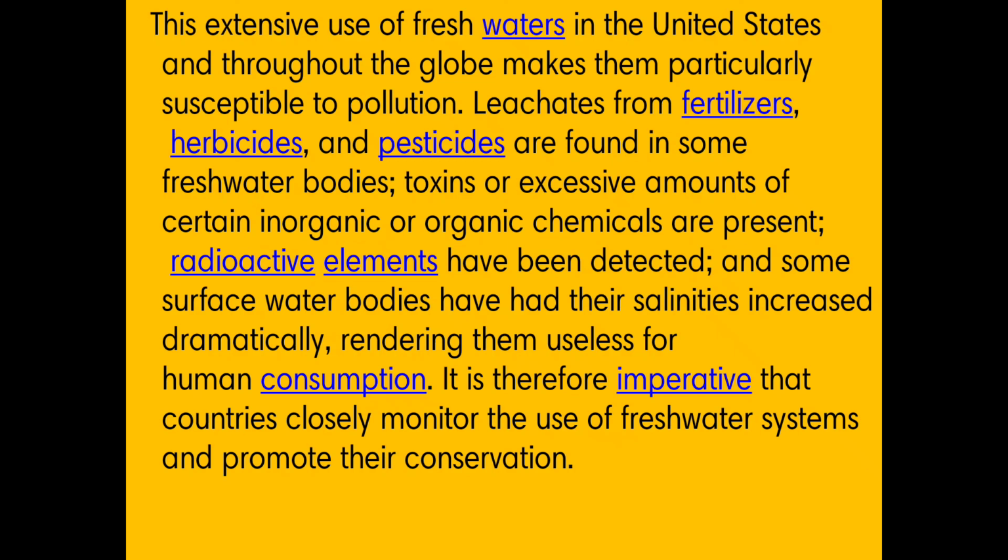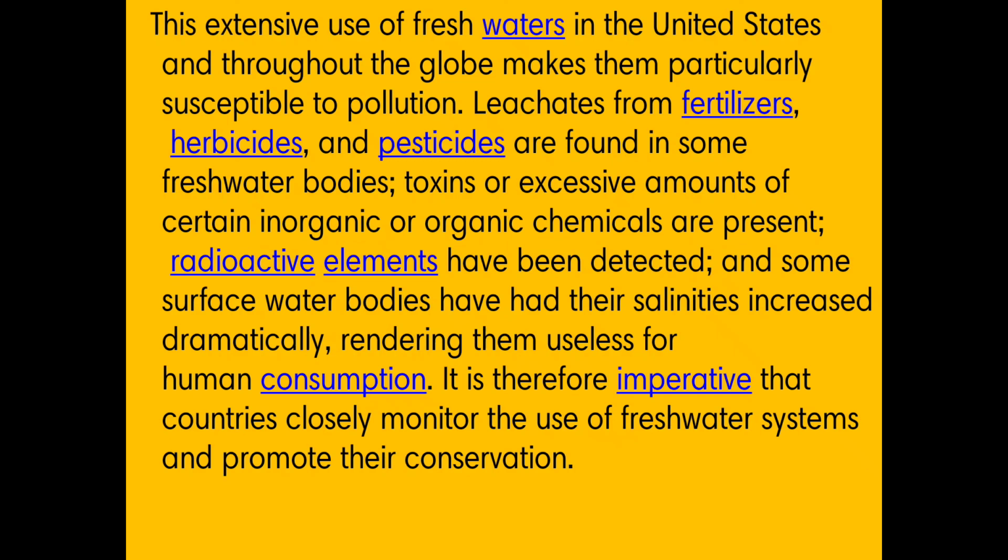This extensive use of fresh waters in the United States and throughout the globe makes them particularly susceptible to pollution. Leachates from fertilizers, herbicides, and pesticides are found in some freshwater bodies. Toxins or excessive amounts of certain inorganic or organic chemicals are present.